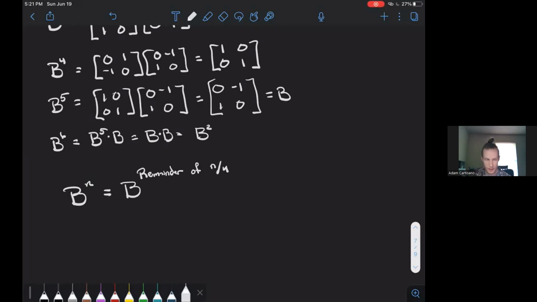Think about that real quick. B to the 6: 6 divided by 4 is 1 remainder 2. There you go, there's your 2. 5 divided by 4 is 1 remainder 1. 45 divided by 4 is 11 remainder 1. So b to the 45 equals b to the 1.